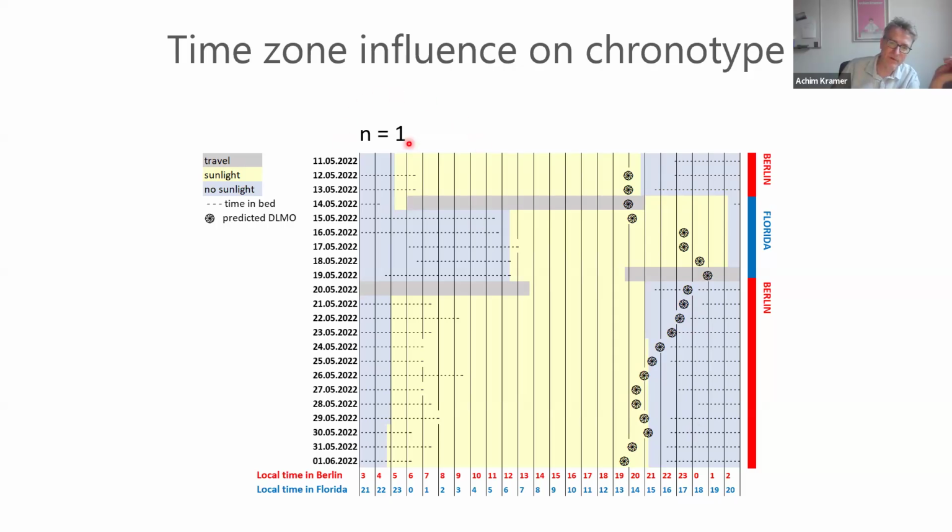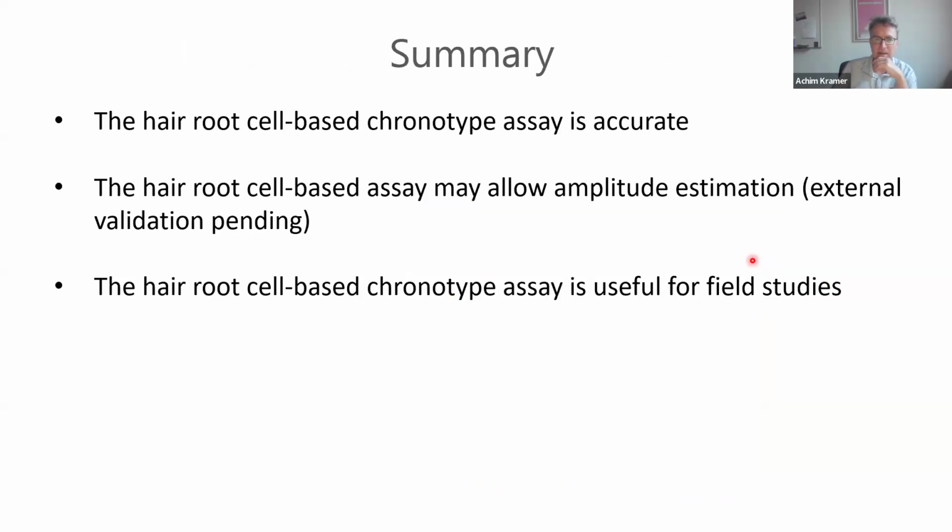You see that was 2022, and we haven't done more people in this kind of study. But I only show you that to underline that chronotype or phase of entrainment is a plastic state which depends on light levels and your genes. So let me summarize.